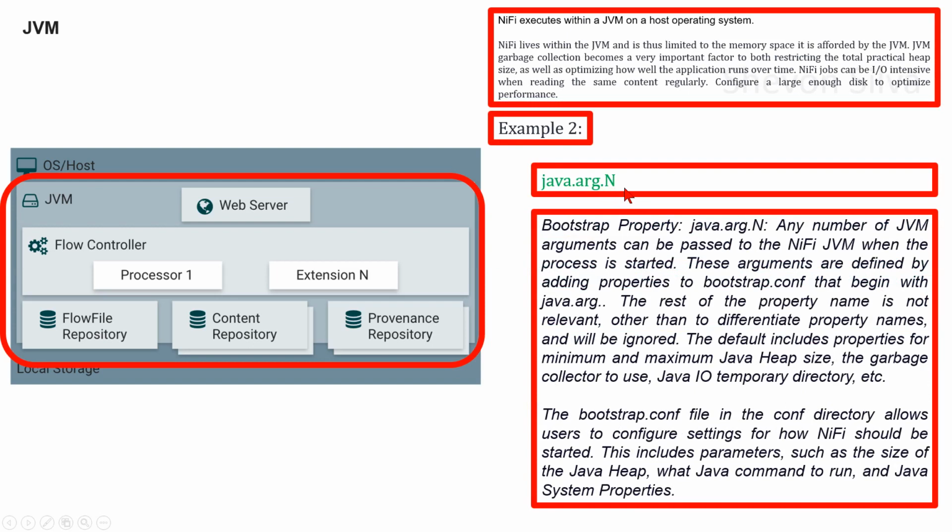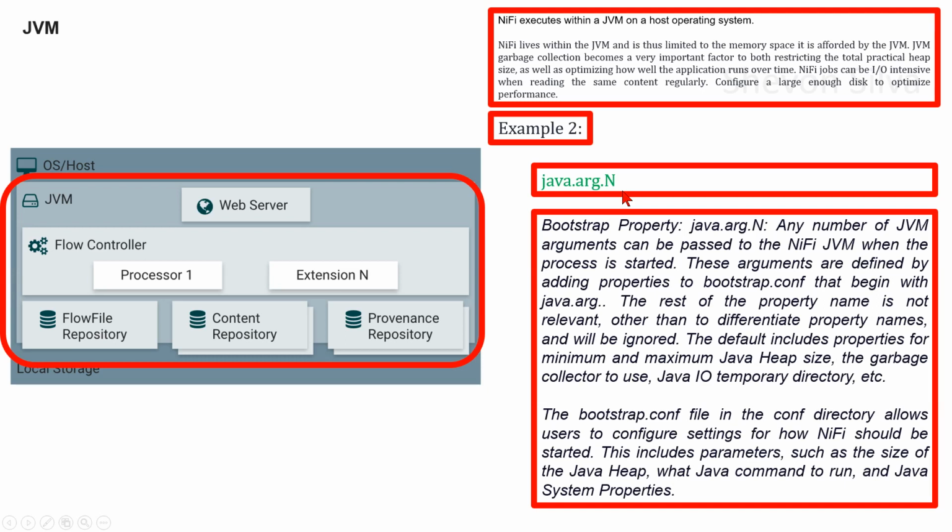As an example too, we can consider this one, this bootstrap property java.arg.N. Any number of JVM arguments can be passed to the NiFi JVM when the process is started.